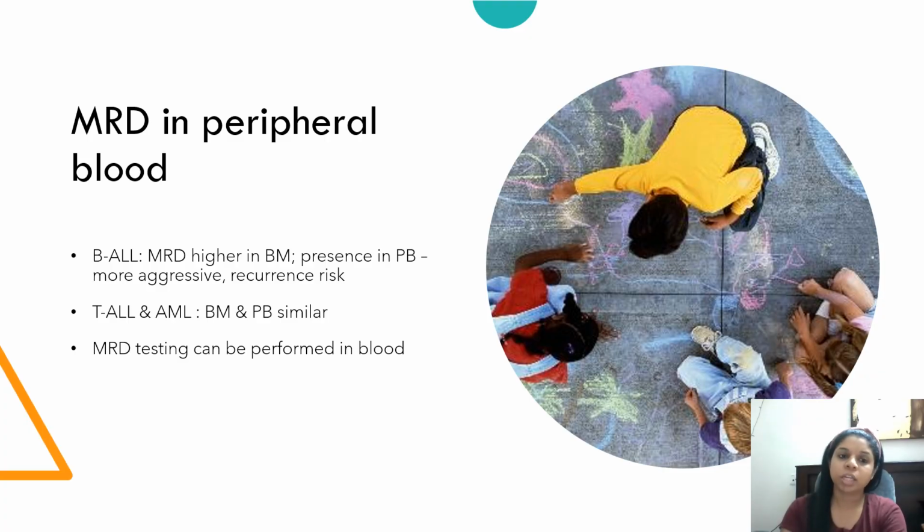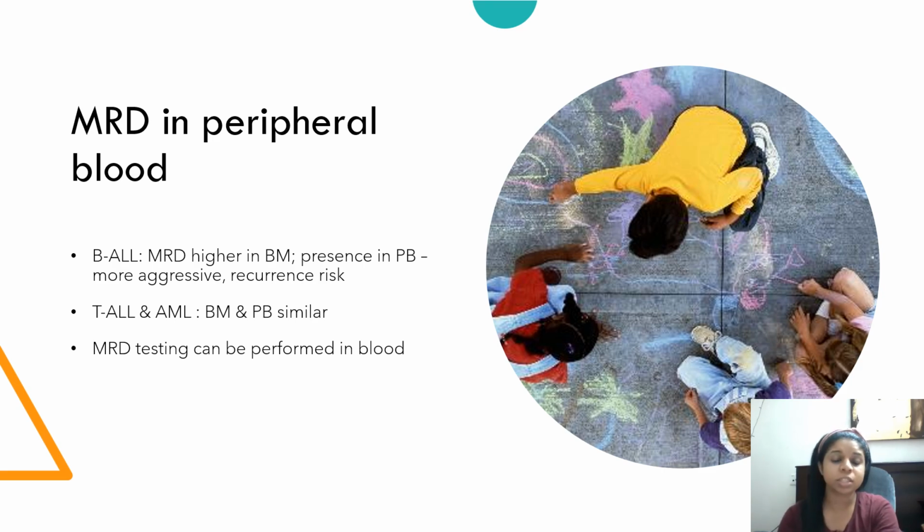Lastly, we discuss whether MRD is detectable in peripheral blood. I said MRD is ideally detectable in bone marrow, but it can be detectable in peripheral blood also. But it is different for different leukemic cells, so you should know that. In B-ALL, ideally, the residual disease cells are higher in bone marrow.